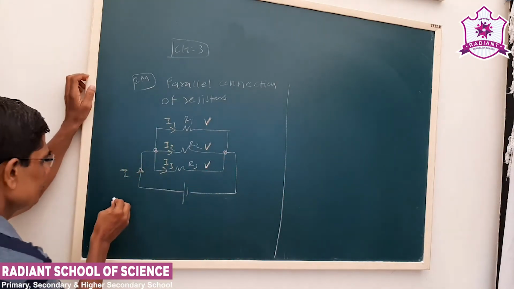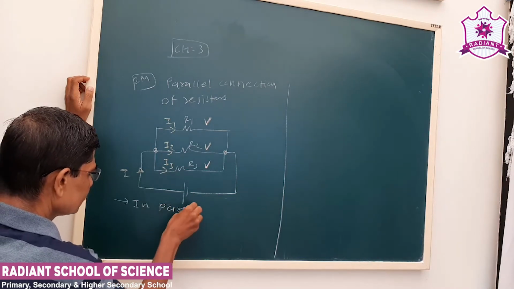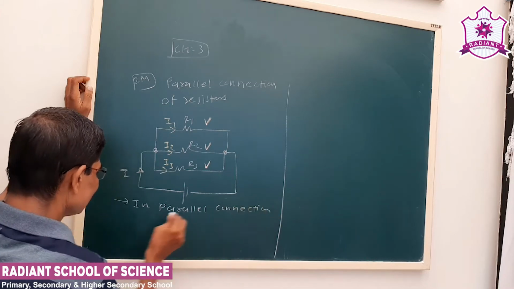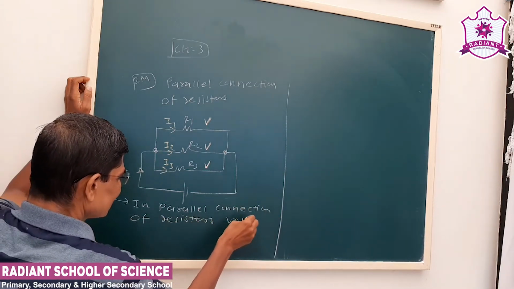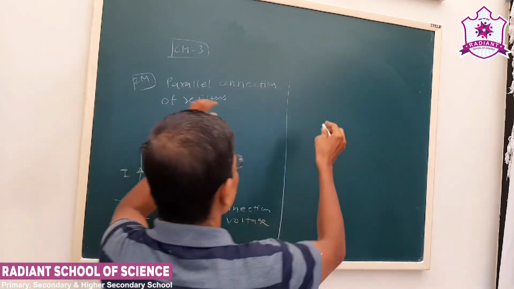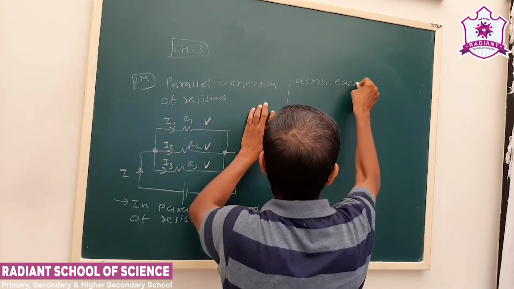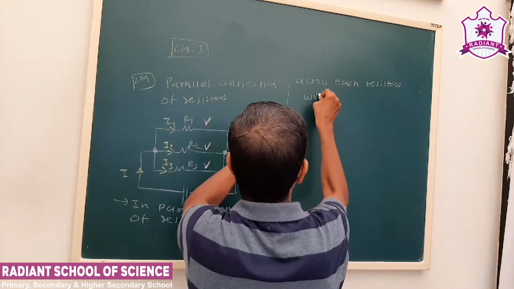So what we can write, in parallel connection of resistors, voltage across each will be equal.